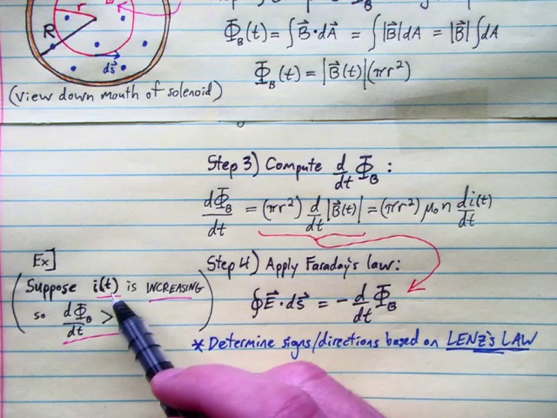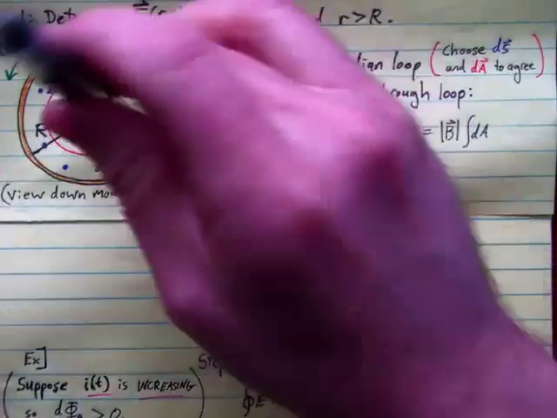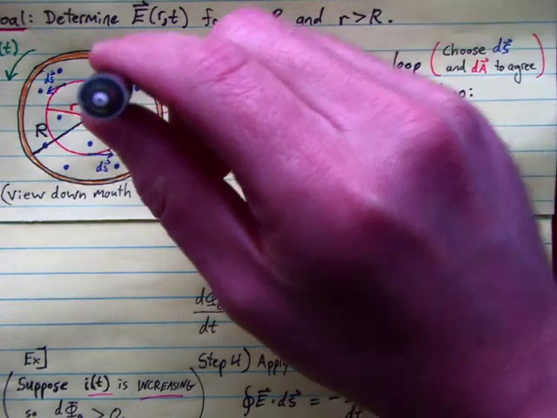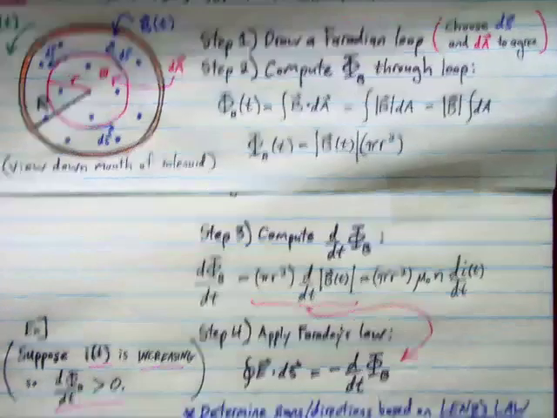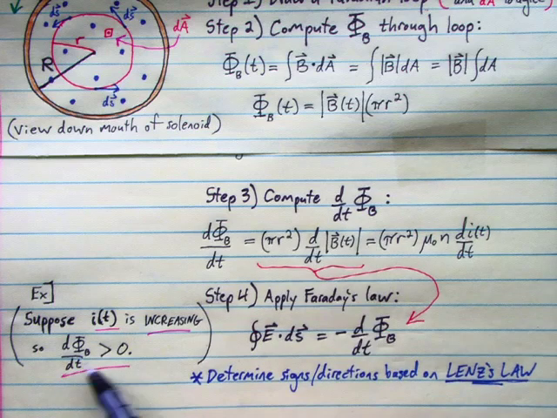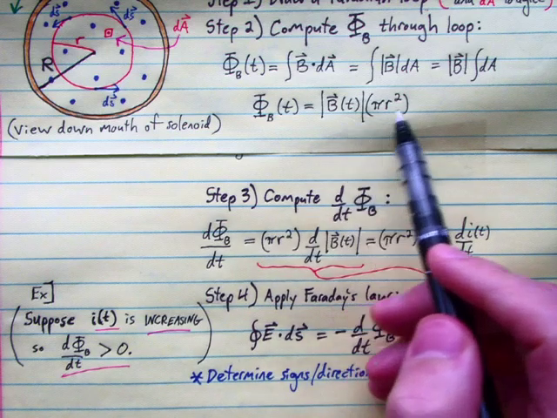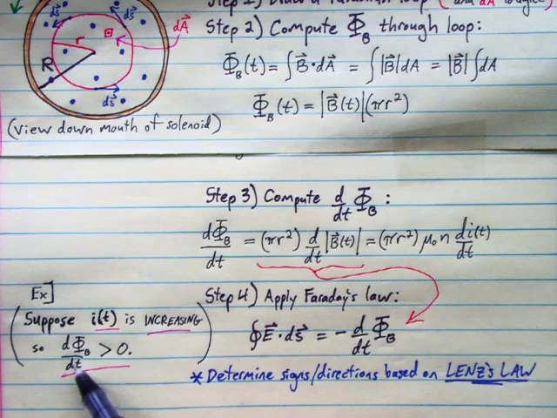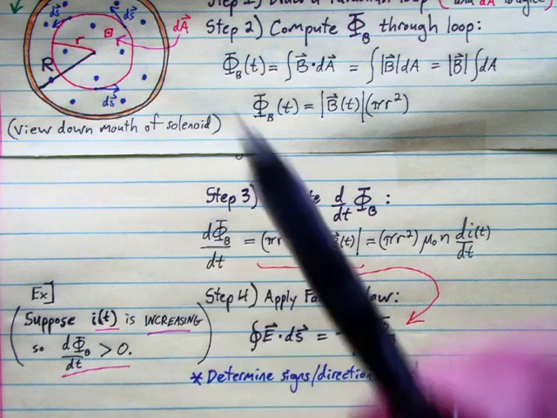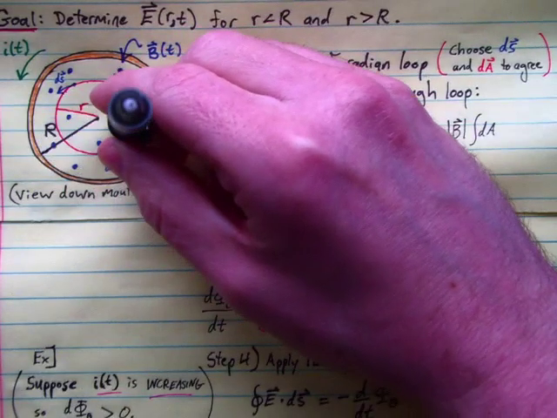So if I is increasing, we're getting more magnetic flux out of the page. So our positive magnetic flux that we solved for right here is increasing with time. So d phi dt is greater than 0. We're getting increasing flux out of the page.